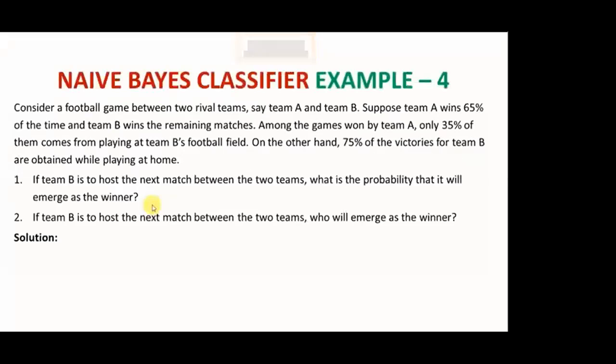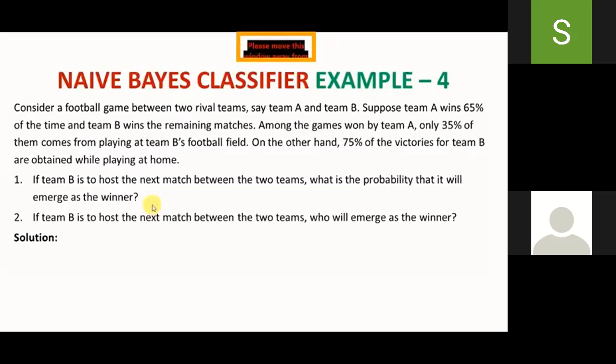The question is, if the next game is hosted by team B, what is the probability that it will win? See, observe the question. So the next game, if team B is hosting it, then what is the probability that it will win? That's the first question.